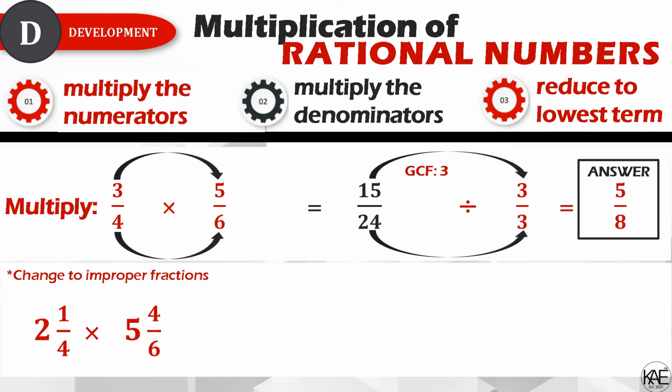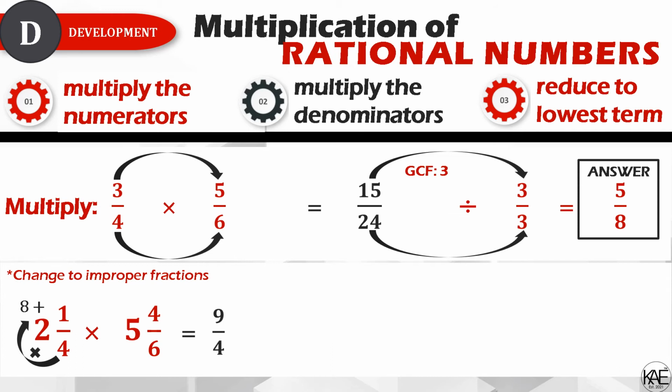To do that, we multiply the denominator by its whole number. 4 times 2, that would give us 8, plus the numerator, which is 1, that would give us 9. Then we copy the denominator, which is over 4.